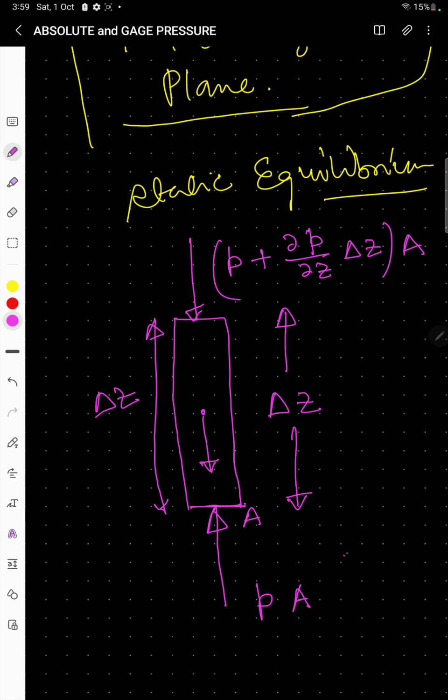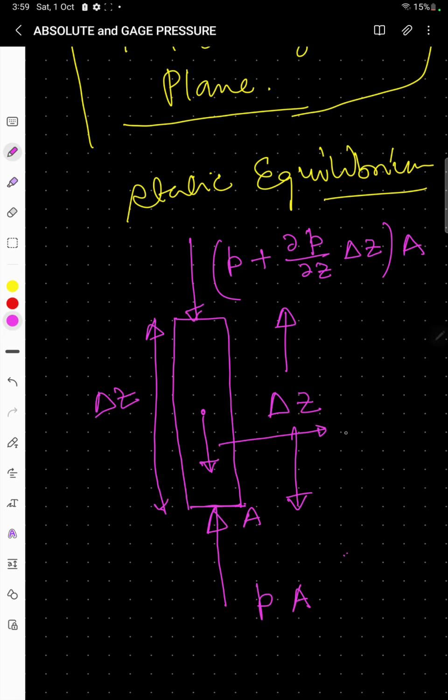Let's see what the weight of this will be. You can quickly figure out the volume inside this one, multiply by the density and then by g. Or you can first figure out the volume of this fluid and then multiply by the specific weight of the fluid you are considering.